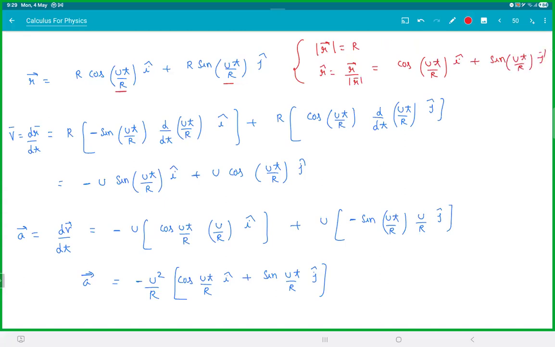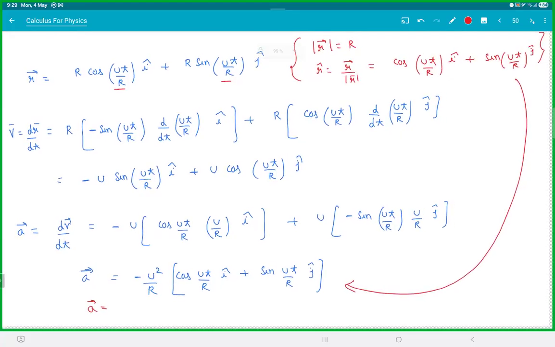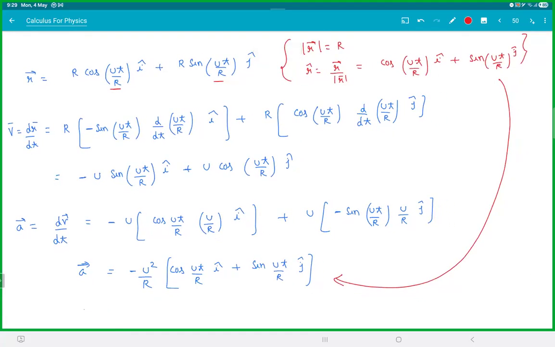And if you notice this, this is actually a bar is equal to minus u square by r, r cap. In school, did you study anything like this, centripetal acceleration? That's u square by r, minus r cap.